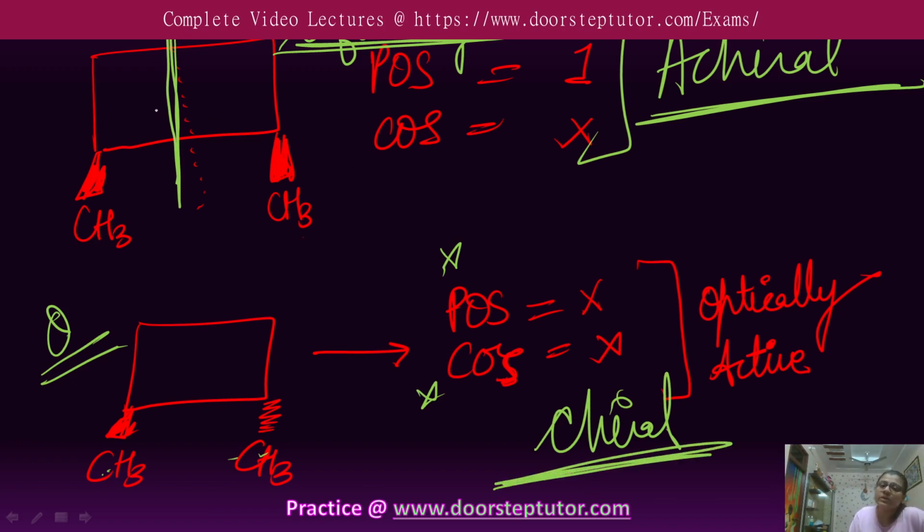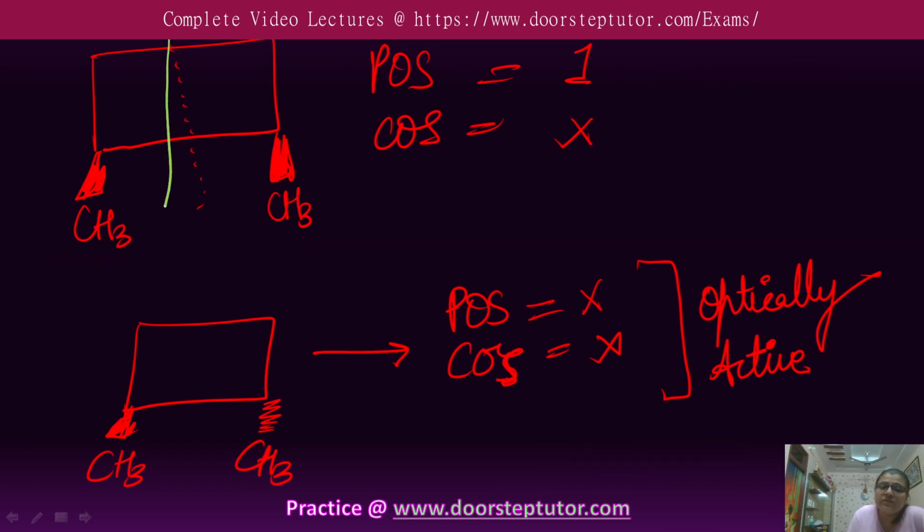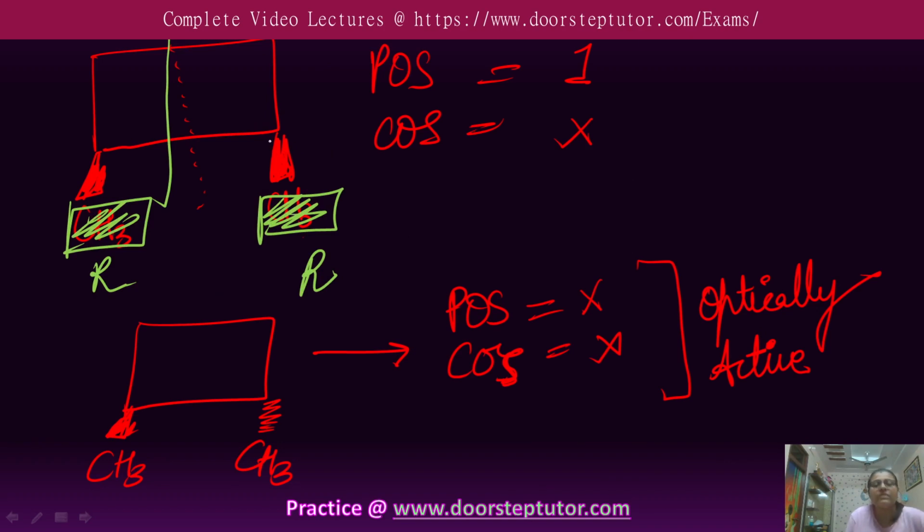Always remember one thing: if the two substituents are attached to adjacent carbon atoms in the same stereo, then the compound is achiral. How are you going to check this? Just consider an arbitrary group attached to the adjacent carbon atoms of the cyclobutane in the same stereo.